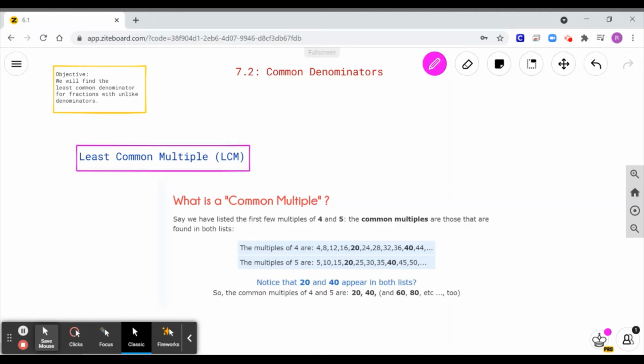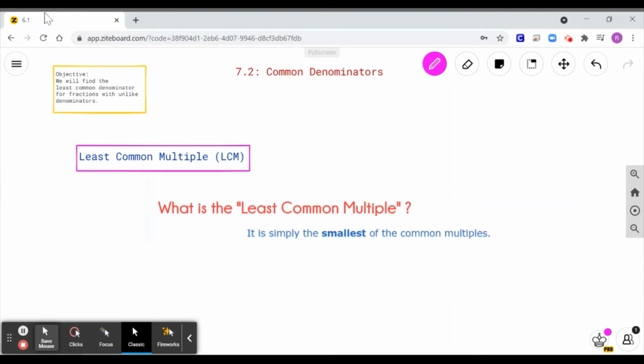So say we have listed the first few multiples of 4 and 5. The common multiples are those that are found in both lists. So you can see that 20 and 40 are found in both the lists of multiples of 4 and multiples of 5. So they are common multiples. And if we continued these lists, there would be more common multiples ahead.